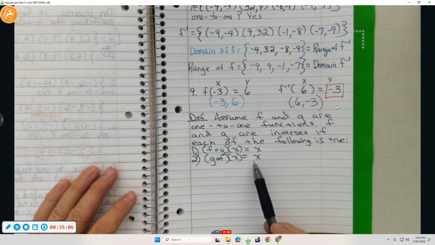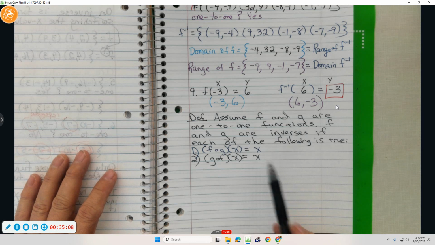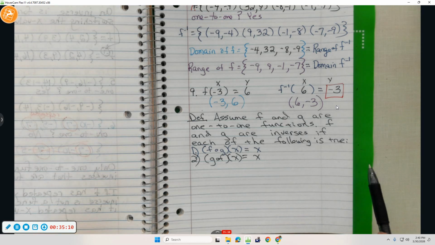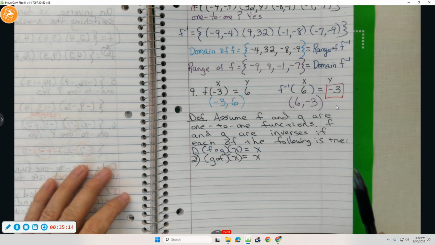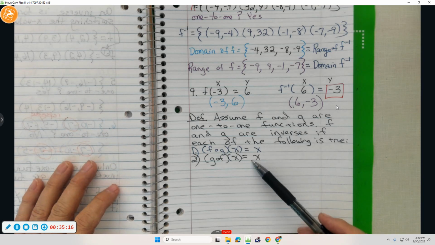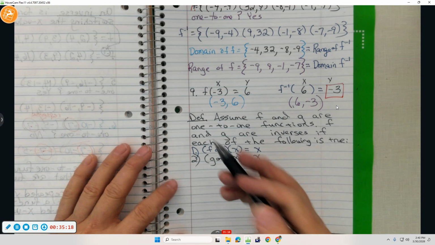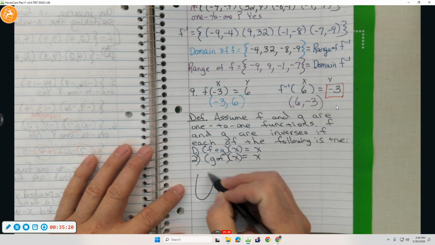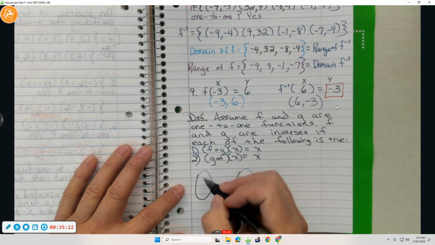Well, you know something? How is this equivalent to saying that reversing the x's and the y's will give you the inverse? I don't know that this is necessarily obvious. Let's look at this one-to-one mapping that I'm about to draw.